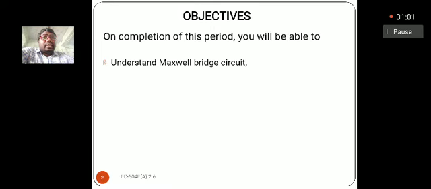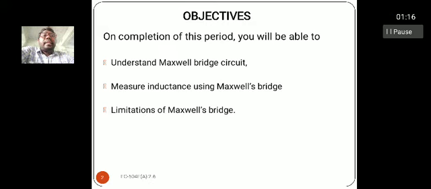The main objectives of this presentation are to understand the Maxwell's bridge circuit, measure inductance using the Maxwell's bridge, and learn the limitations of the Maxwell's bridge.